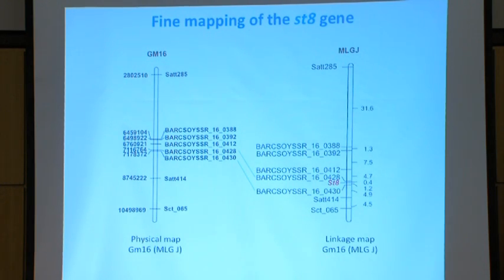From there, when we were so close, we had to jump onto the sequence. So I was part of the sequencing effort. The soybean genome was sequenced in 2010, and there were about 30 different labs involved in sequencing the soybean genome, and our lab was part of that sequencing effort.